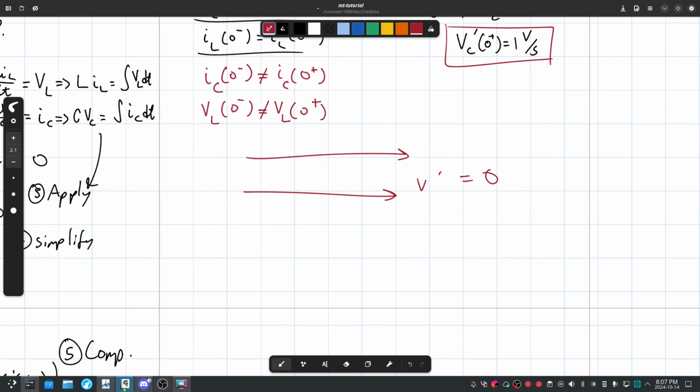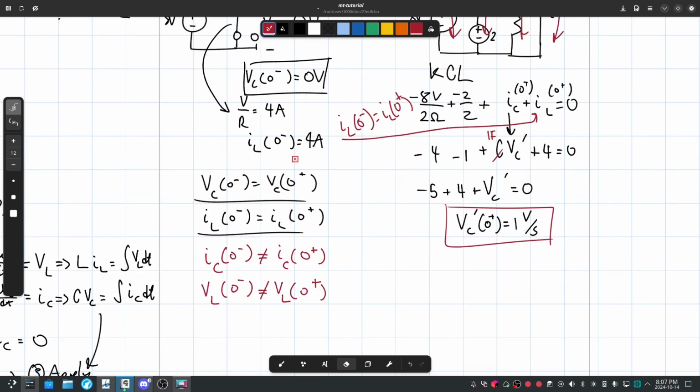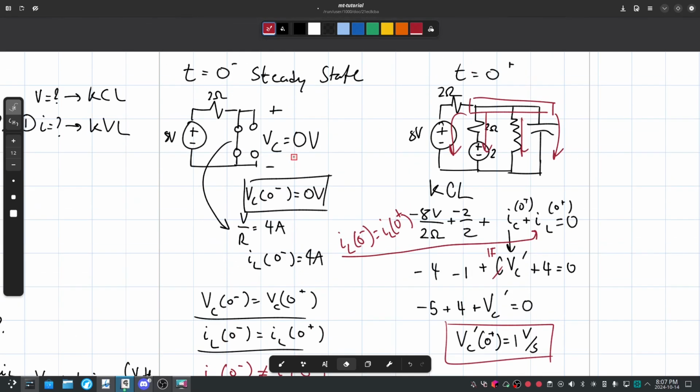So it's kind of useless. You cannot find derivatives from steady state. That's an important rule. But likewise, you cannot calculate some of the initial values without steady state. That's why we do both time before 0, at 0 minus, and time after 0, at 0 plus.